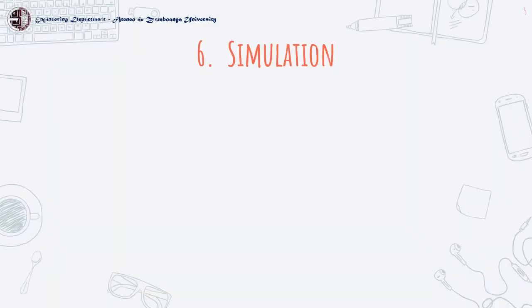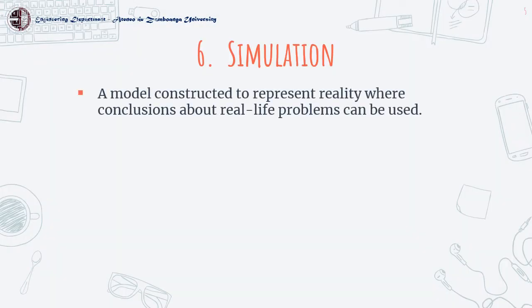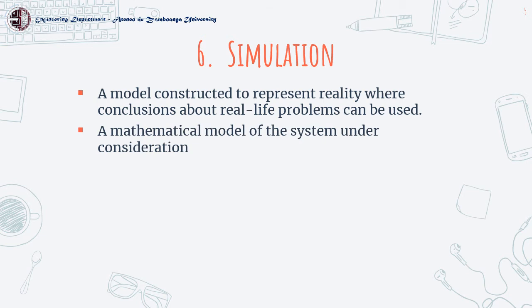Next is simulation. A simulation is a model constructed to represent reality, where conclusions about real life problems can be used. It is a highly sophisticated tool by means of which the decision maker develops a mathematical model of the system under consideration.